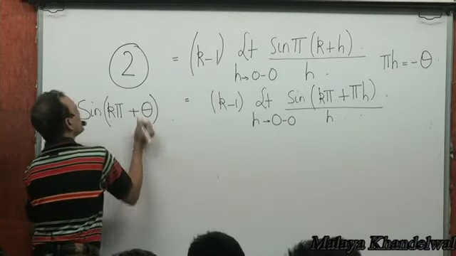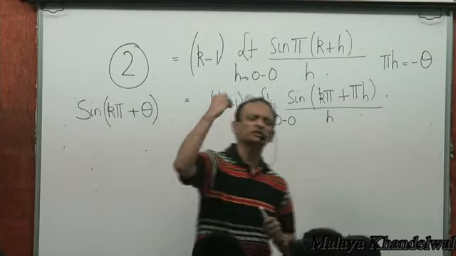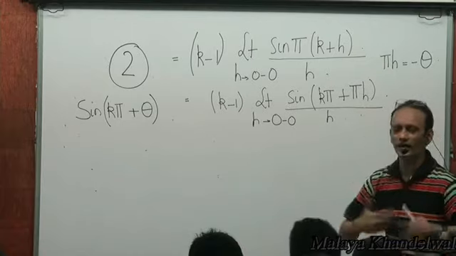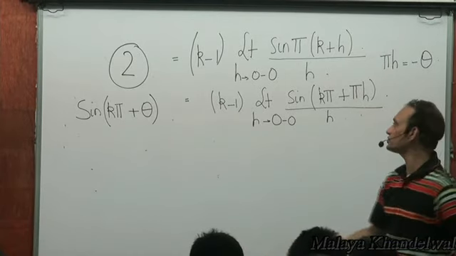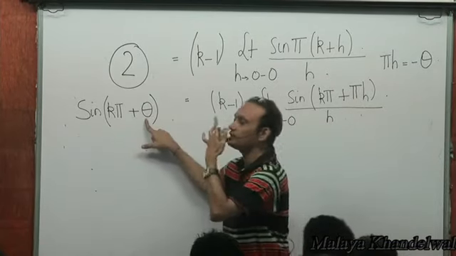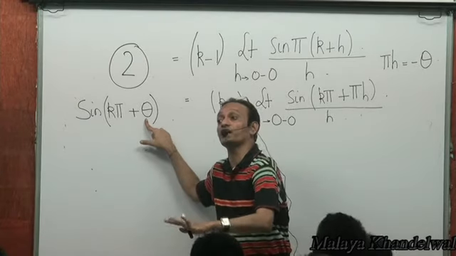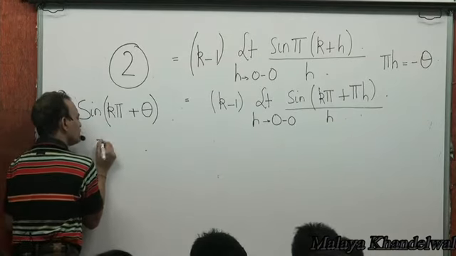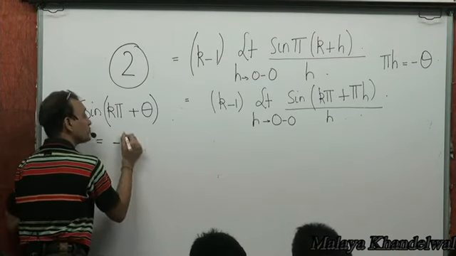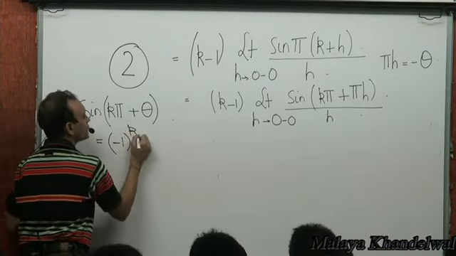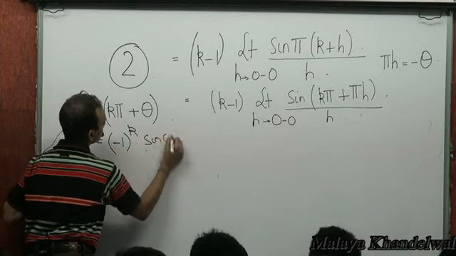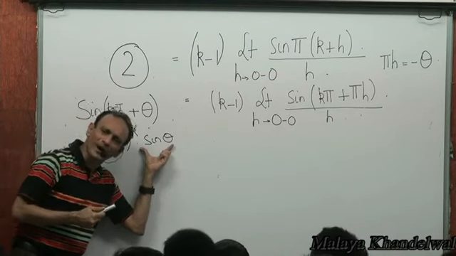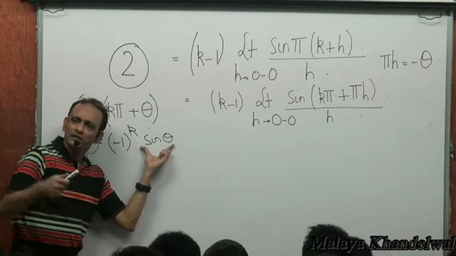Let me just say sine K pi plus theta, whether theta is positive or negative. You'll realize that it's actually all converging to the same, because the result that I'm going to write will be true whether theta is positive or theta is negative. Sine K pi plus theta, I claim, will always be minus 1 to power K sine theta. Then theta will bring along its own sign if required. You don't have to bother.